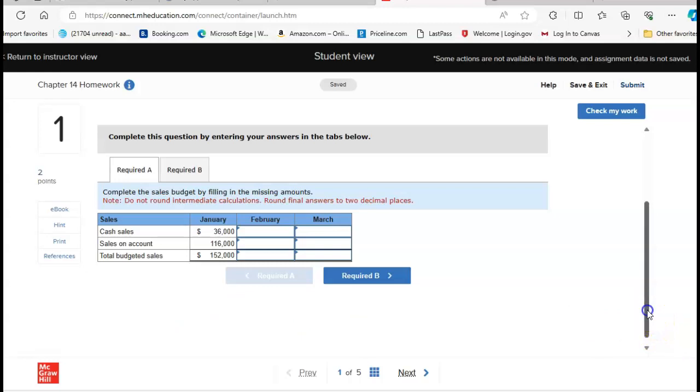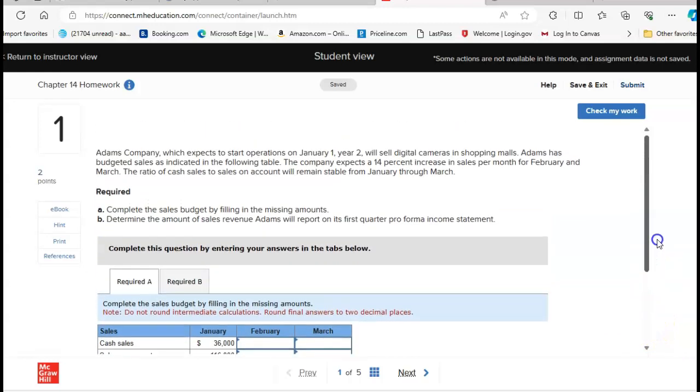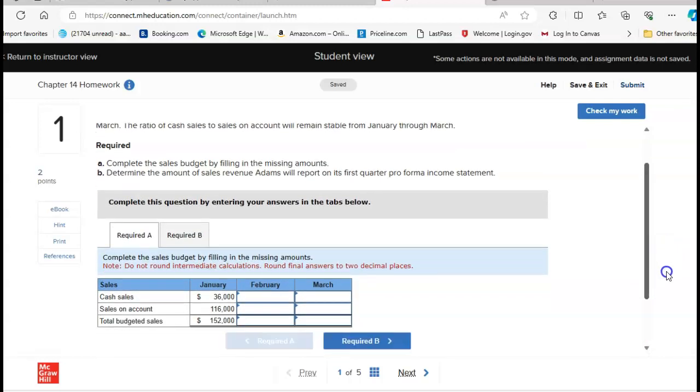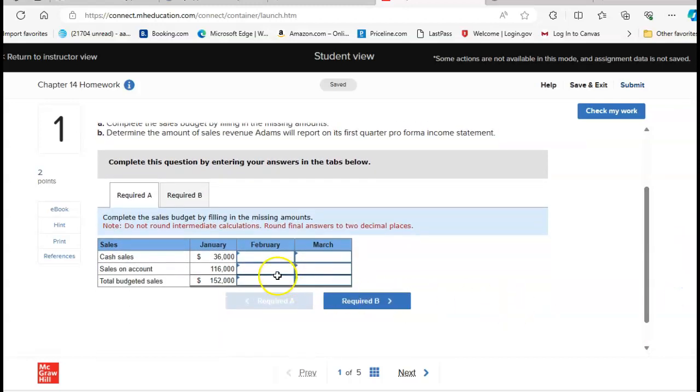Okay? So our sales again are expected to increase by 14% each month. So our cash sales in January were 36,000. If I take 36,000 times 1.14, which would include the 14% increase, that's 41,040.